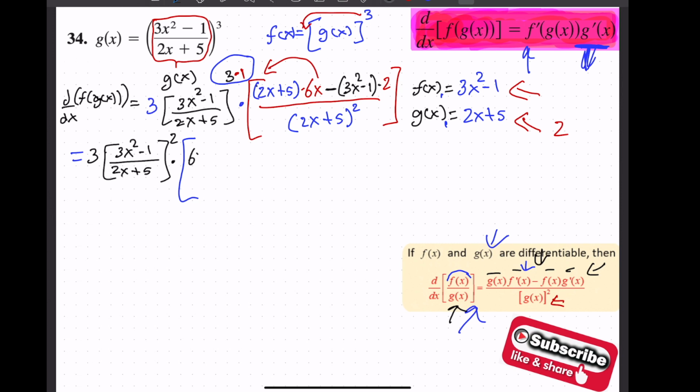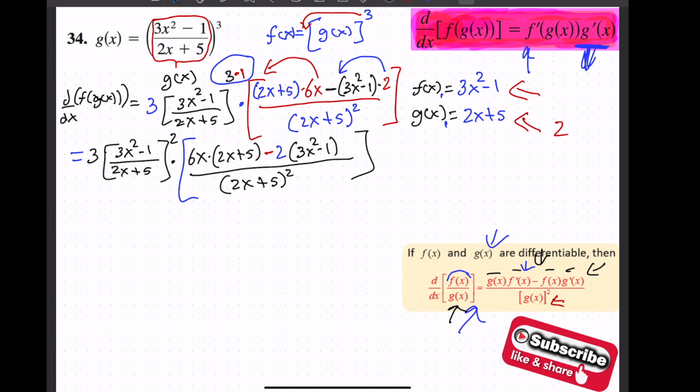So I have 6x, and then we have times, parentheses, 2x plus 5. And then we have a minus sign in here, and I need to rewrite the 2. This 2 here, I'm going to put out front as well, 2. And then I have 3x squared minus 1, and that's all over 2x plus 5, and that will be squared.